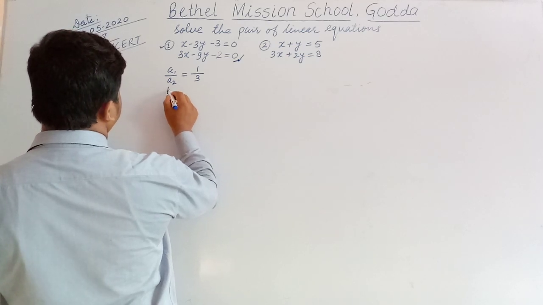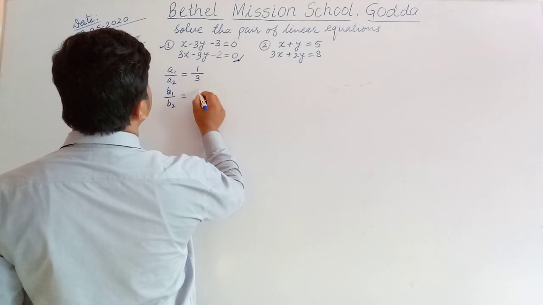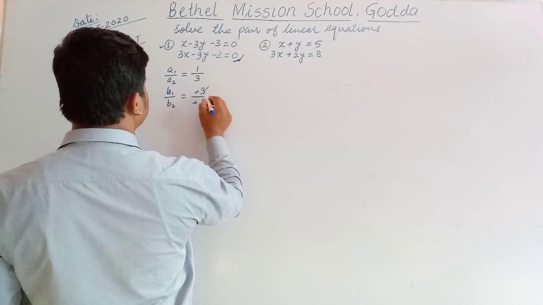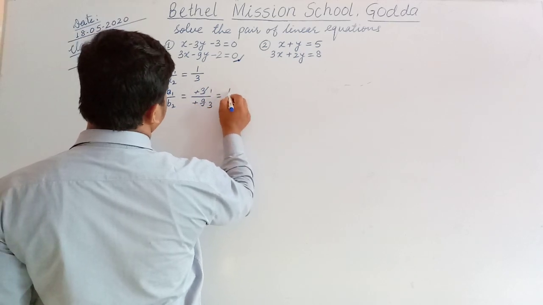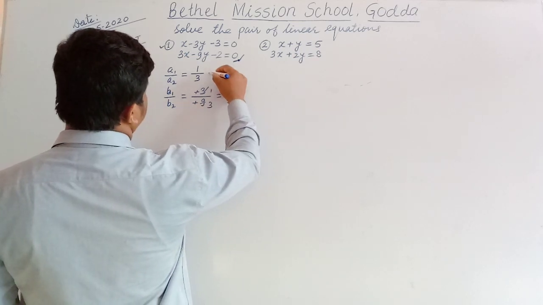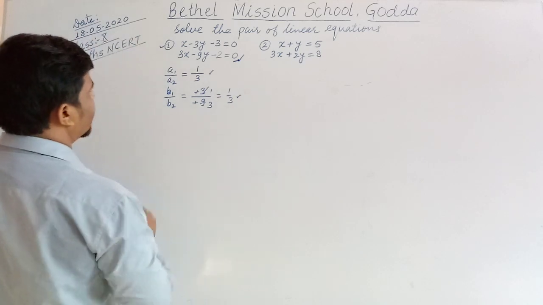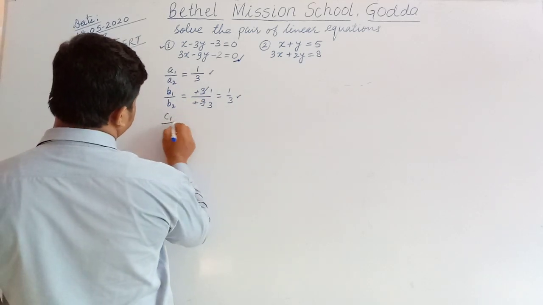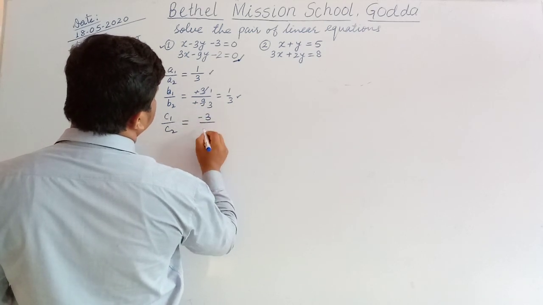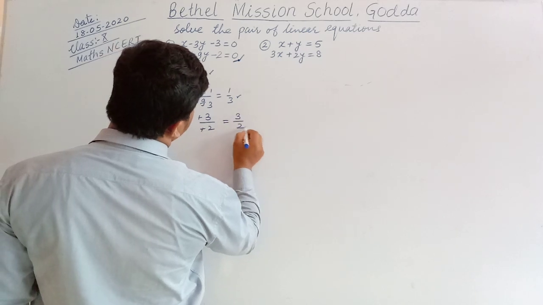Now b1 by b2 will be minus 3 by minus 9, which is 1 by 3. So here you see 1 by 3, and here also 1 by 3. Third, find c1 by c2. It is minus 3 by minus 2, which is 3 by 2.